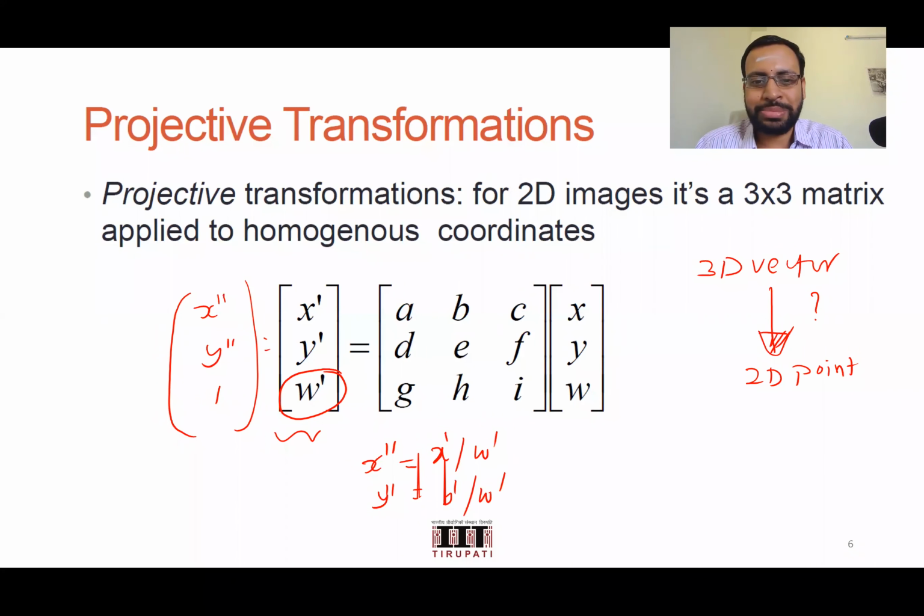Okay, I'm sure this won't be very clear, and why should we introduce this additional variable, this scaling element w prime here. But wait for a moment and put your full attention here. It should be clear to a large extent.